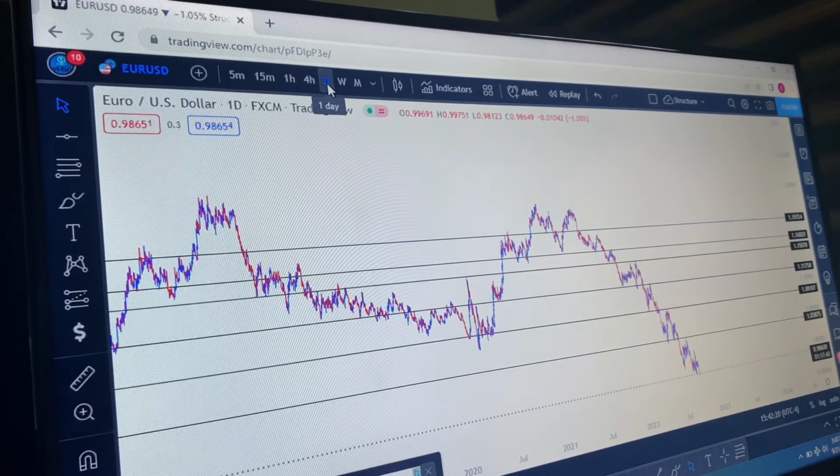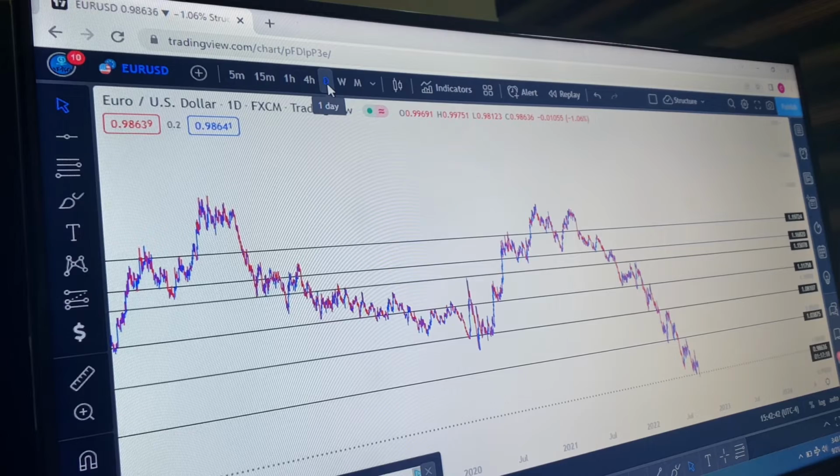But you have to understand that the smaller time frames are also major factors. Another thing you need to understand is that the levels of support and resistance that are formed in the bigger time frame can also be found on the smaller time frame.